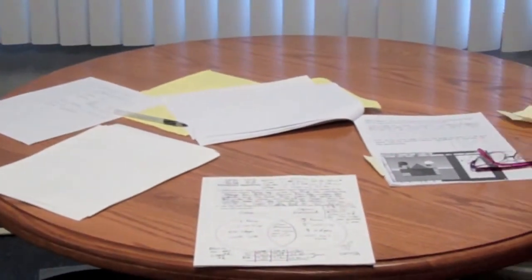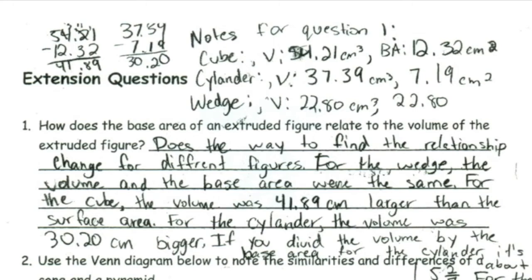The extension questions I use usually for the students who have completed the challenge before others. This one is, how does the base area of an extruded figure relate to the volume of the extruded figure? And I keep it open-ended, and I find that we get a lot of different ways in which to tackle this, and then I have those different groups of kids that have done these extension questions get together and post their ideas, and then they brainstorm together ways in which they tackled it.